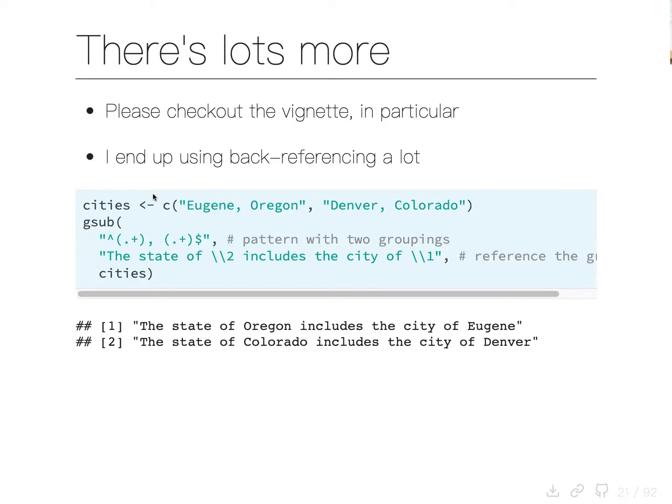All right, so we start out with these cities. We've got Eugene, Oregon, and Denver, Colorado. Those are our two cities. What I'm going to do is use gsub with back referencing to create a sentence that uses those cities.